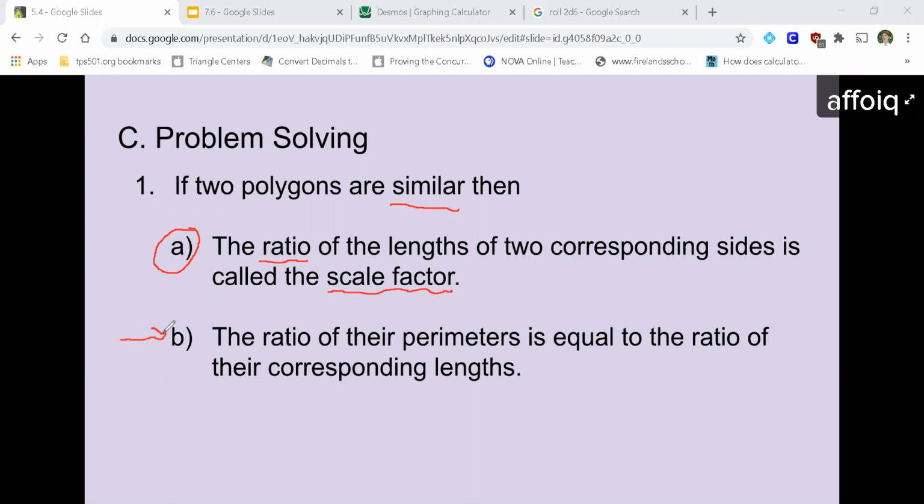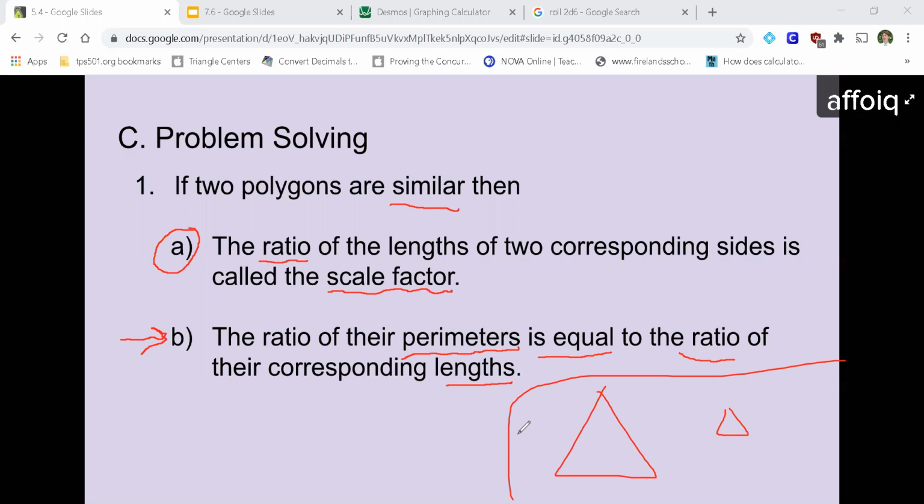And this is just a helpful little tip or advice. That means that the ratio of their perimeters is equal to the ratio of their sides or their lengths. And that's something that they'll ask you about on the ACT. You don't have to write down this bottom part, but they'll be like, here's a triangle and here's a smaller triangle.